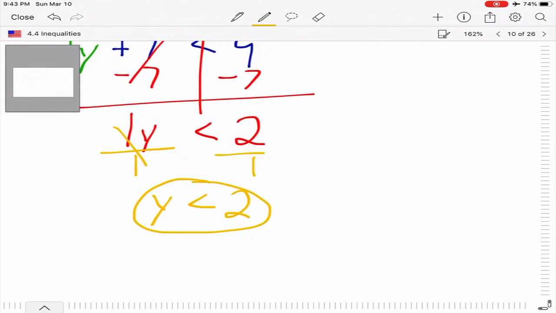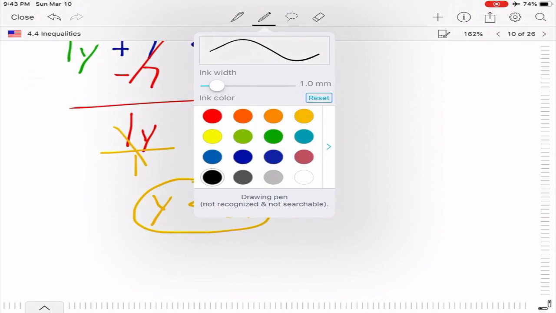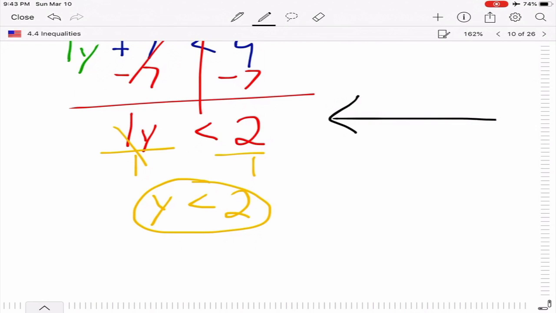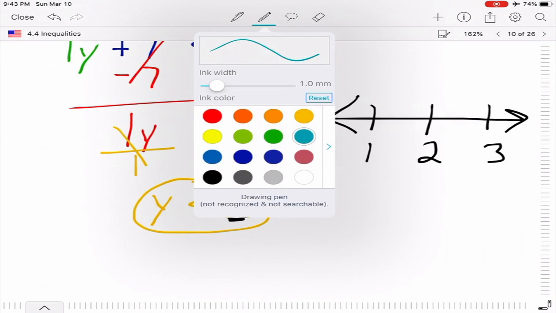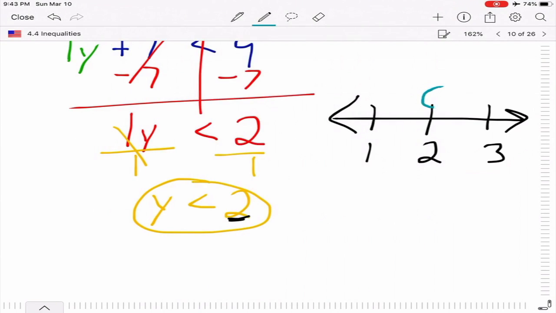So now I'm going to take my answer and create a number line. I'm going to put 2 right in the middle. I'm going to go 1 higher and 1 smaller. Because it's a less than, I'm going to do an open circle above the 2. And once again, because it's a less than, I'm going to go to the left where the numbers are smaller.